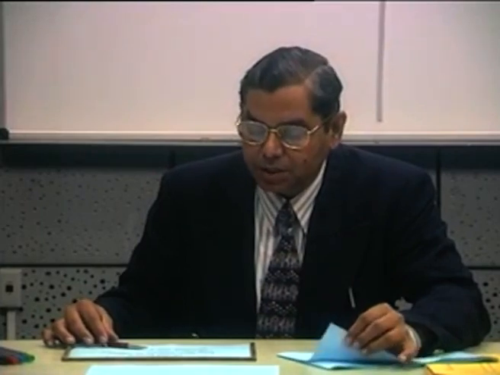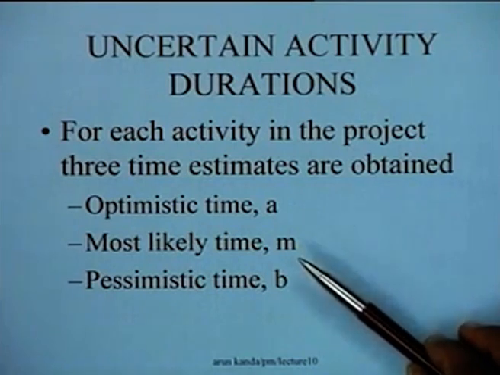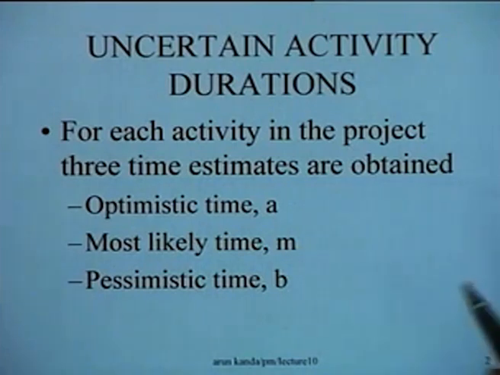So this is how we can capture the uncertainties in activity durations by making 3 time estimates instead of a single time estimate as we do in the basic scheduling computations that we did in the CPM analysis.